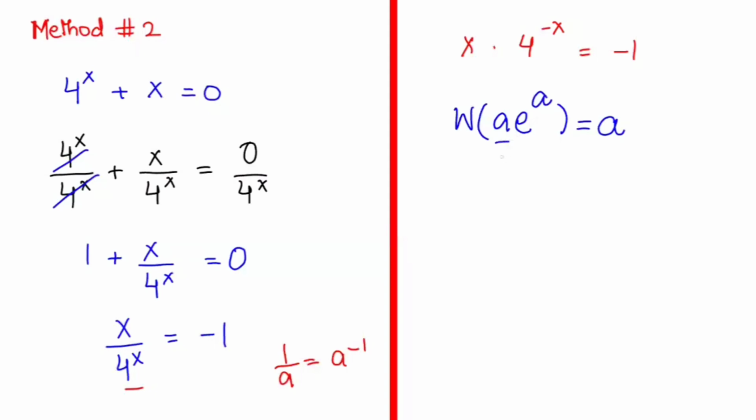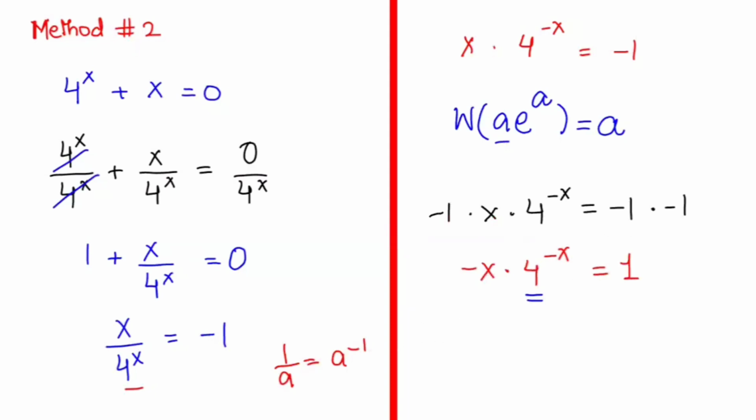So for that, I will multiply both sides by negative 1. So negative 1 times x times 4 to the power of negative x is equal to negative 1 times negative 1. Here this will be negative x times 4 to the power of negative x is equal to, this will turn to plus 1.